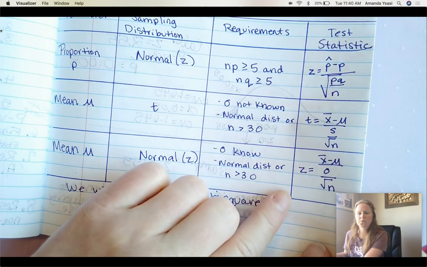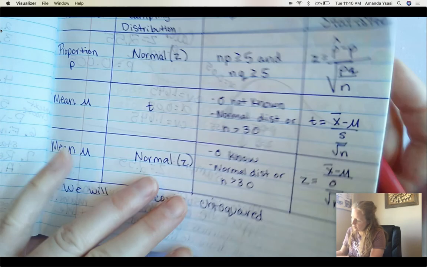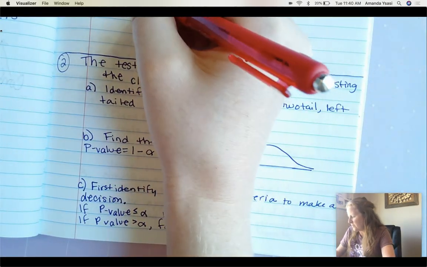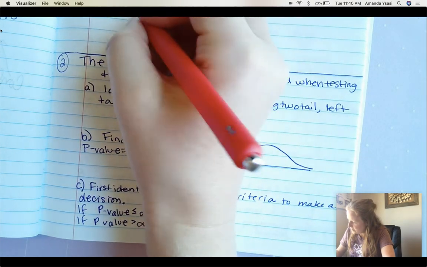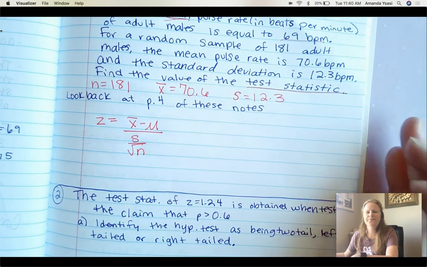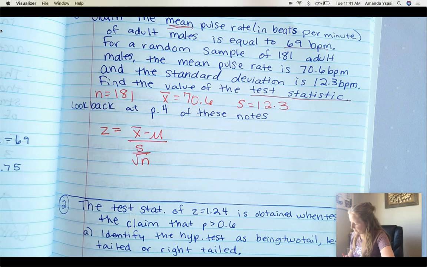We are going to use normal Z, and Z is going to equal X bar minus mu over standard deviation over square root of N. Sorry, you couldn't see that. So that is how you're going to find your test statistic.